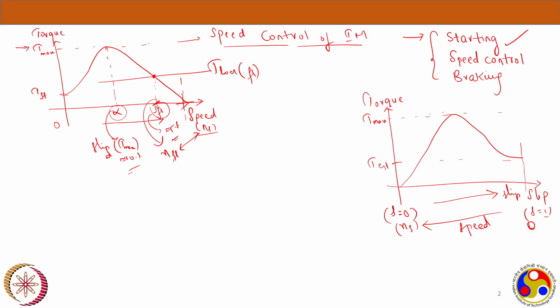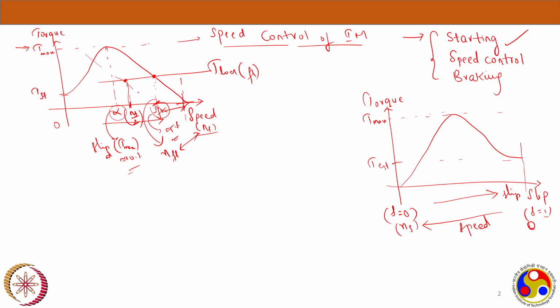Now, can we supply this full load torque at half of this speed, maybe half of synchronous speed, let's say N_s by 2? I want my motor to supply this torque at this particular speed.